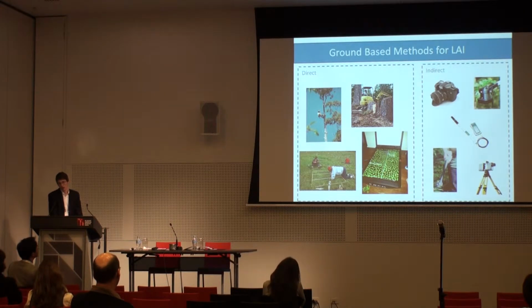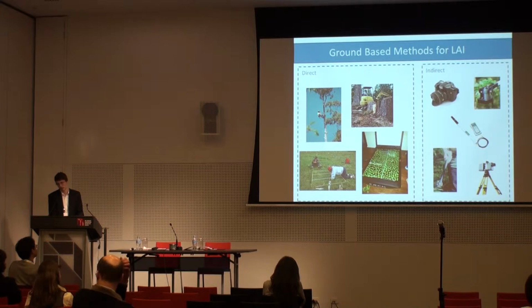So broadly, ground-based methods for leaf area index can be split up into two different categories, direct and indirect. Direct methods are normally considered the most accurate methods because you can directly sense and measure the leaves by hand. But these methods are very costly generally and aren't suited to particular environments such as forests.